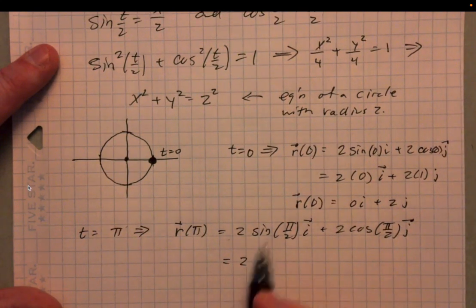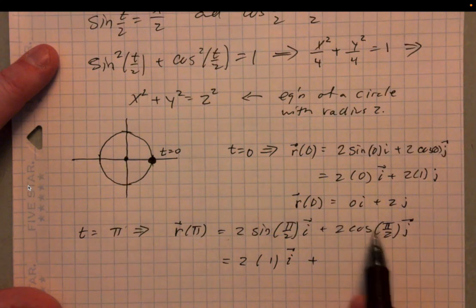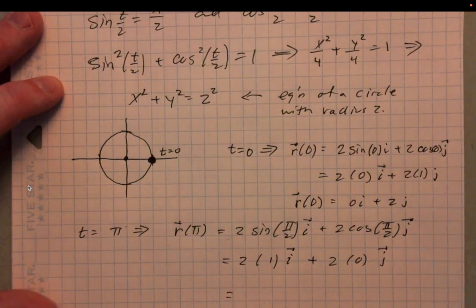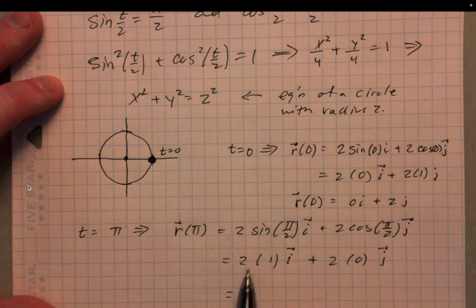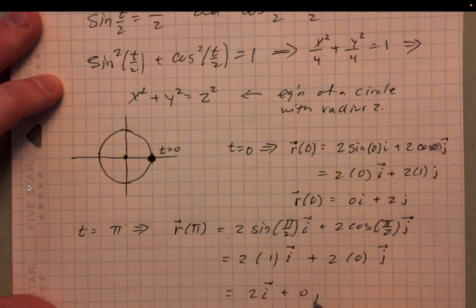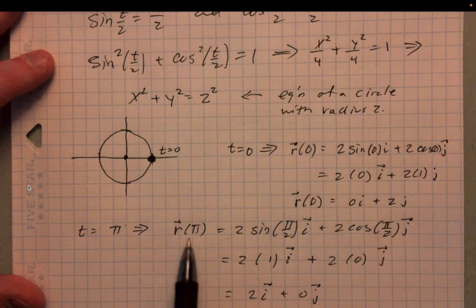Sine of pi over 2 is 1, and cosine of pi over 2 is 0, so this would be 2 times 0 times j. That means this is going to be 2i plus 0j at t equals pi. And so that means what? Where is the particle going to be when t is equal to pi?